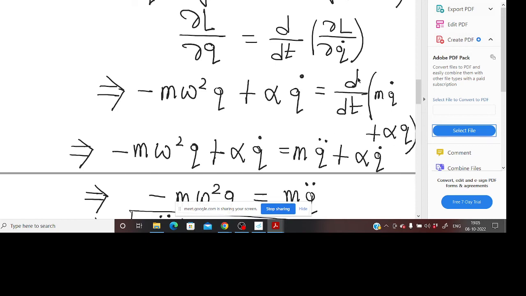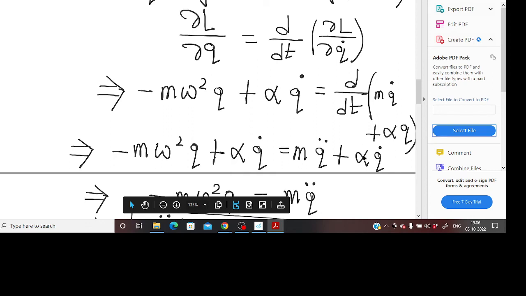Now we have ddt on the right hand side of this quantity. So if you take differentiation of this quantity with respect to time, then you will get m into Q double dot plus alpha into Q dot, right? And here we have alpha into Q dot on the left hand side and alpha into Q dot on the right hand side.